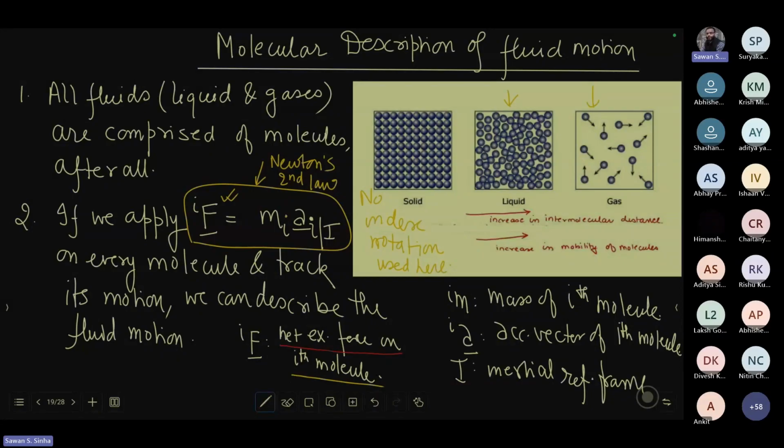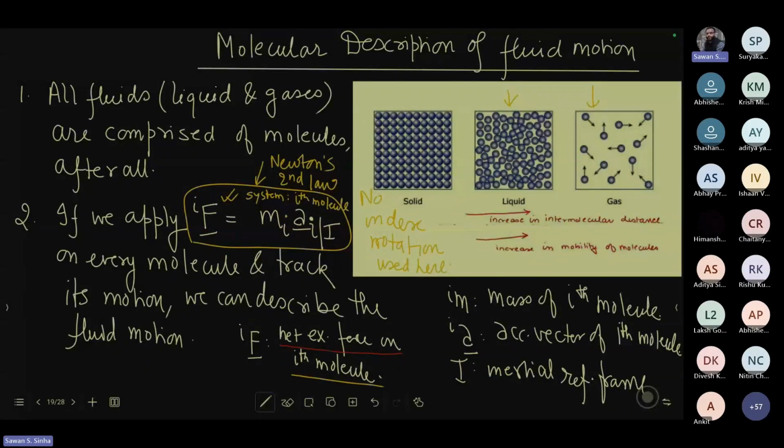You are dealing with several of them. So i is the counter of molecules. So this equation is being applied with the system being the ith molecule of all the molecules. Left hand side is the net external force that acts on the ith molecule.